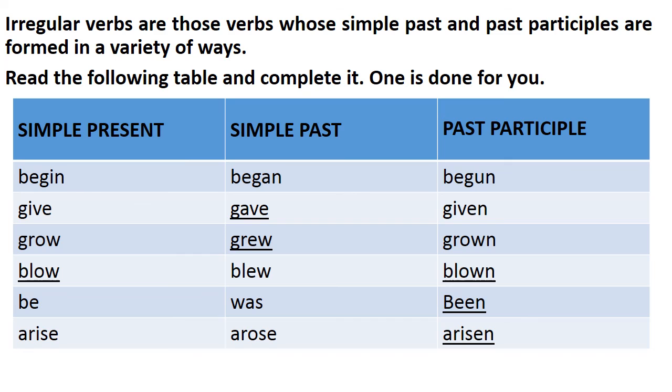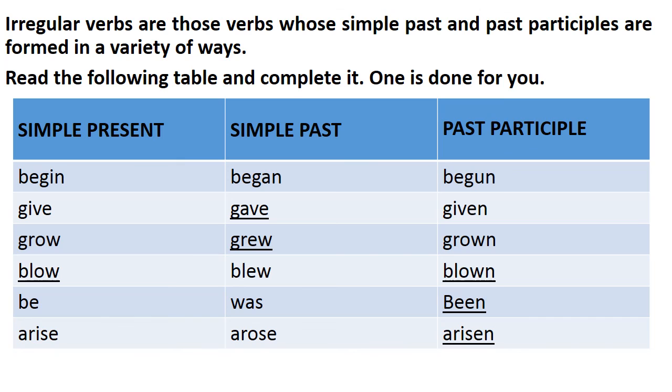Now moving on to the last verb, that is arise, it becomes arose in a simple past tense, and again this verb arise changes into arisen as a past participle.